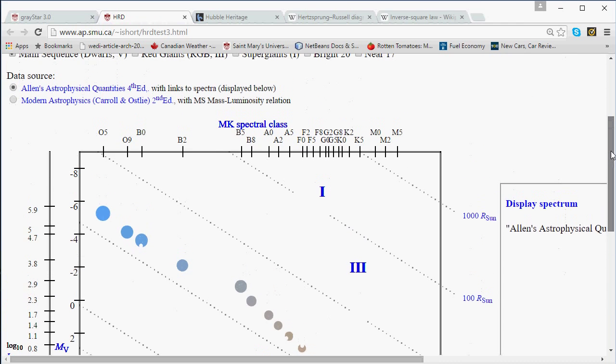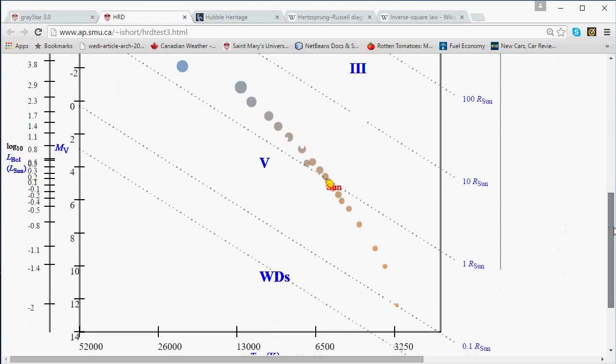And then a third piece of terminology is that these stars in the main sequence are also known as luminosity class 5 stars, where 5 is written with a Roman numeral 5. The vertical axis in the HR diagram is luminosity, and the three groups of stars we're going to talk about fall at different places along that luminosity axis, and so those groups of stars are also known as luminosity classes.